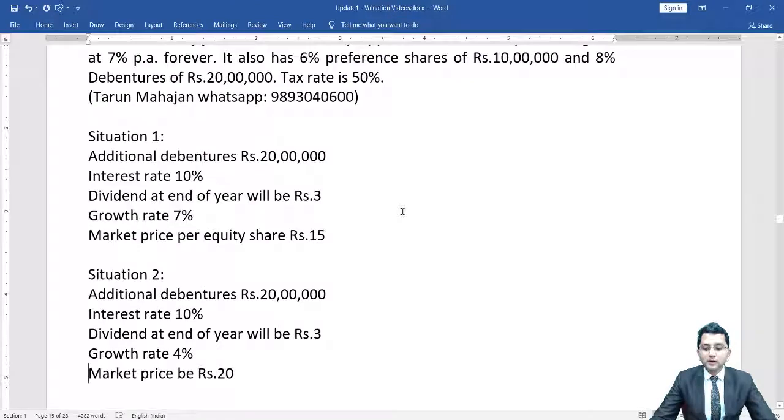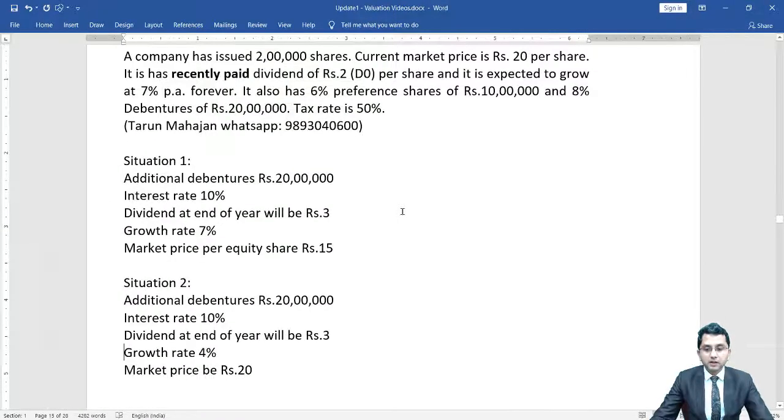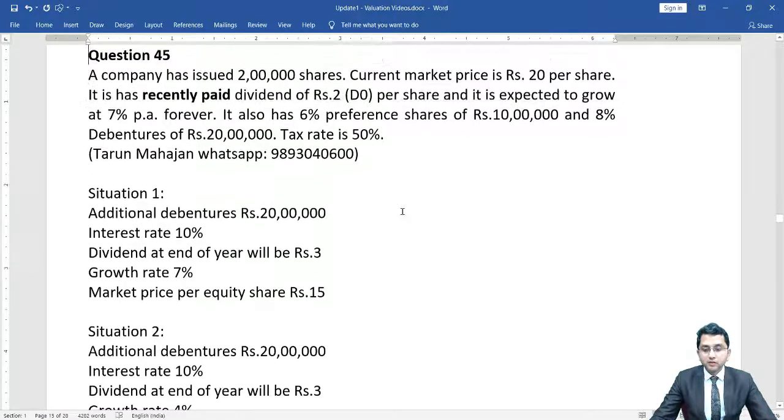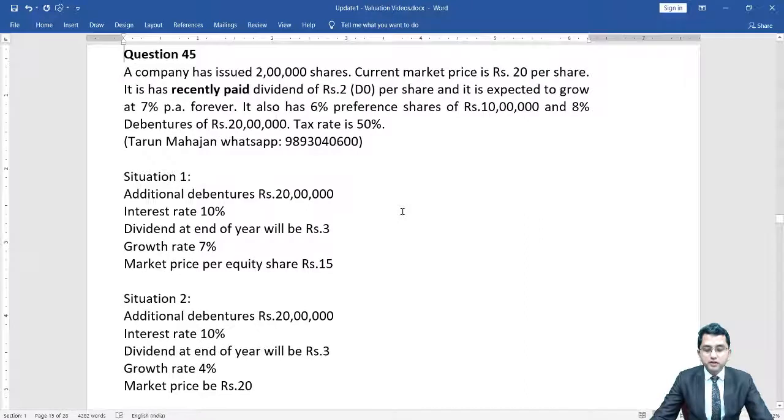So you have to calculate weighted average cost of capital 3 times: one under the existing situation, then under situation number 1, and then under situation number 2. 3 times WACC is to be calculated.